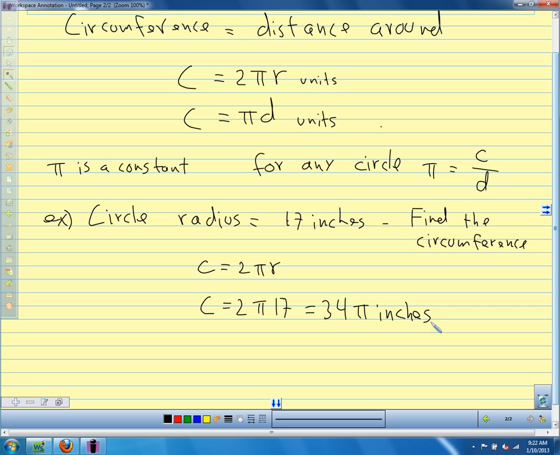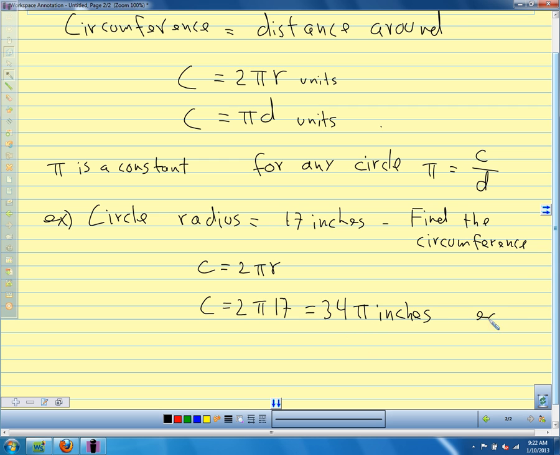So this is my exact answer. I just multiplied all the numbers and left pi there. The reason this is an exact answer is when I write the symbol pi, that is the number with all the infinite decimals. So we haven't rounded it at all. This includes all those infinite decimals that are after the decimal point. So this is an exact answer.